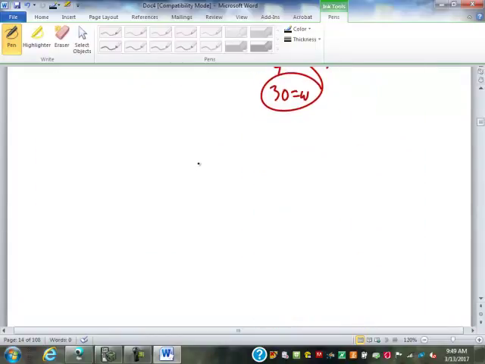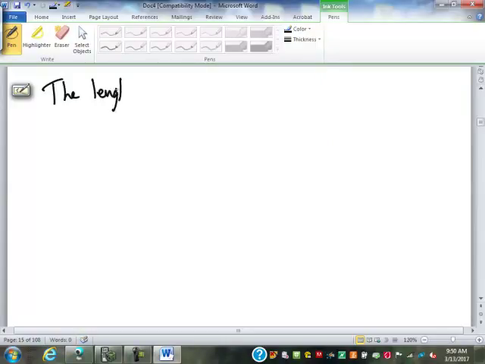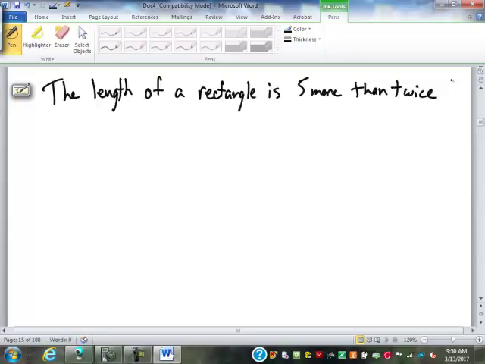Well, since we're having fun with those, the length of a rectangle is 5 more than twice the width.